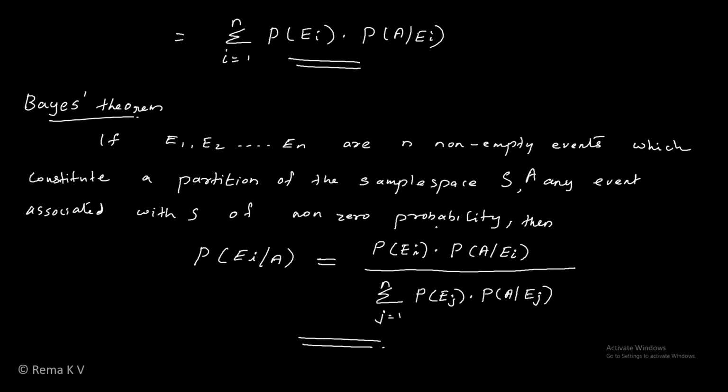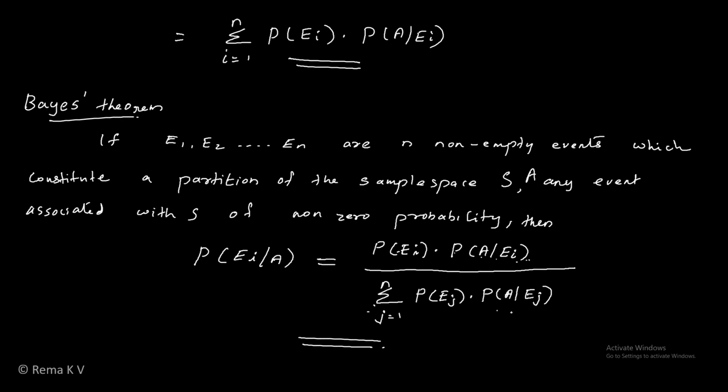See, from the previous example, you know how to find the events E1, E2, etc., En and how to find their probability, and then probability of A given Ei, you know how to find this. This is the possible outcomes favorable to the event Ei divided by the total number of possible outcomes.